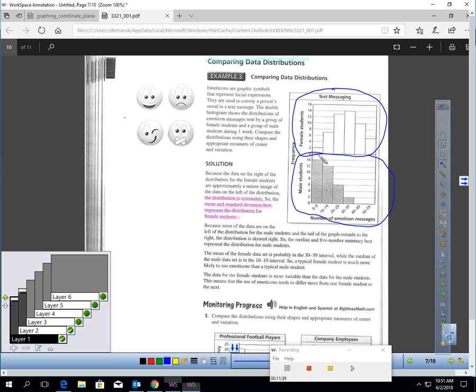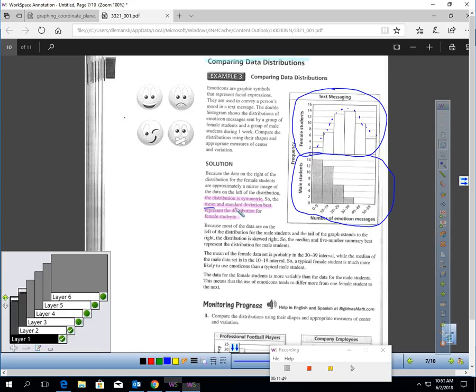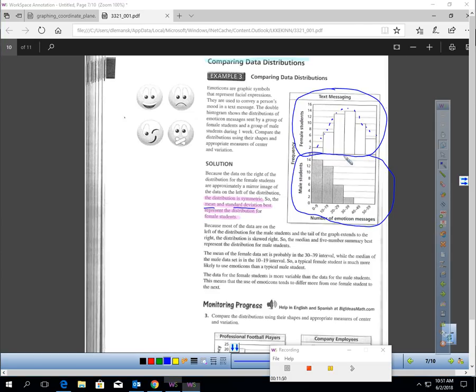First of all, when we look at the female histogram, it looks like the distribution is symmetric. And if it's symmetric, the mean and the standard deviation would best represent the center and the distribution of the data for the females.